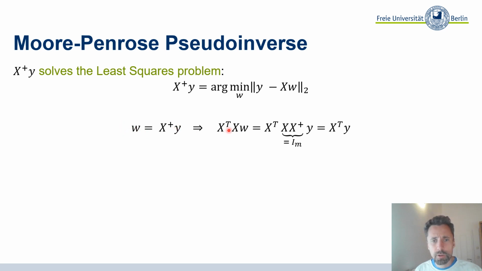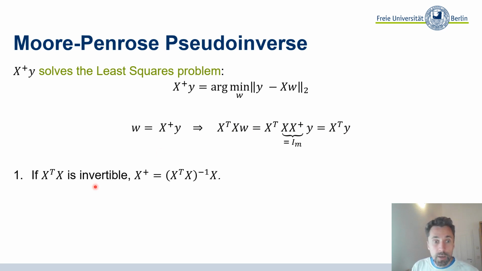So w becomes x transpose x w, and the right side becomes x transpose x, x plus times y. And as we've seen in the previous slide, this has been defined as the identity matrix. So this collapses to x transpose y. And x transpose x w equals x transpose y was what we found should hold in the least square solution, right? So at the solution of the minimization problem.